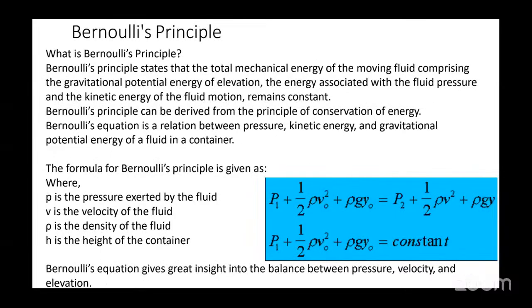And the equation for Bernoulli's principle is given as P, that is pressure, plus the kinetic energy of the fluid per unit volume, and then the gravitational potential energy of the fluid per unit volume is constant.